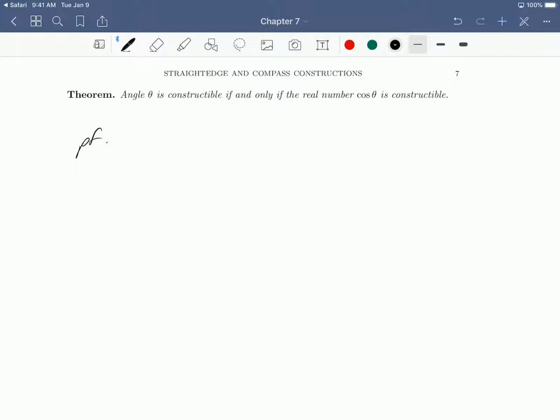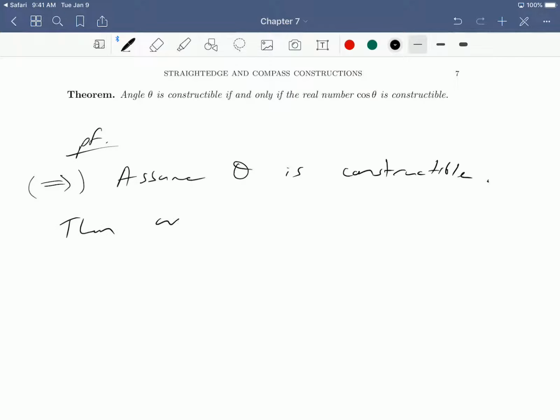So here's how our proof goes. If we're going to do the forward direction of this if and only if, that means we're going to assume that theta is constructible. So this is an angle that somehow we can make using triangles or some other method. What this means is we can do the following construction.